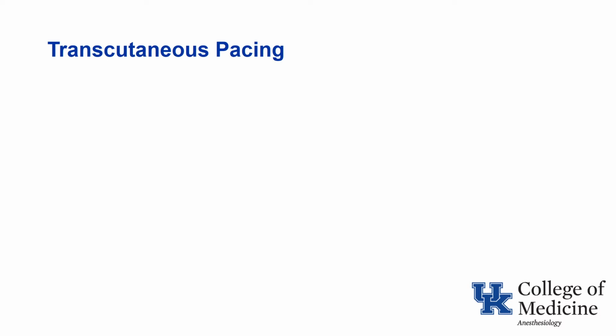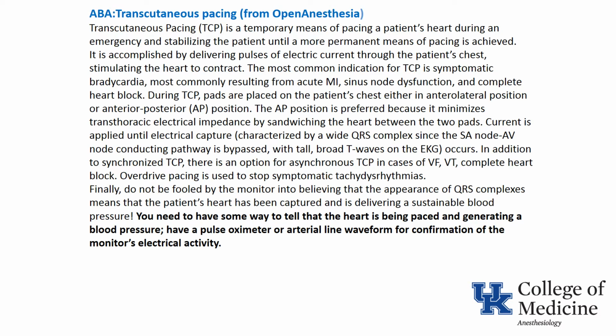Now moving to transcutaneous pacing. This is a cut and paste summary from Open Anesthesia, and the bottom line is that with transcutaneous pacing you have to be certain that there is a pulse.